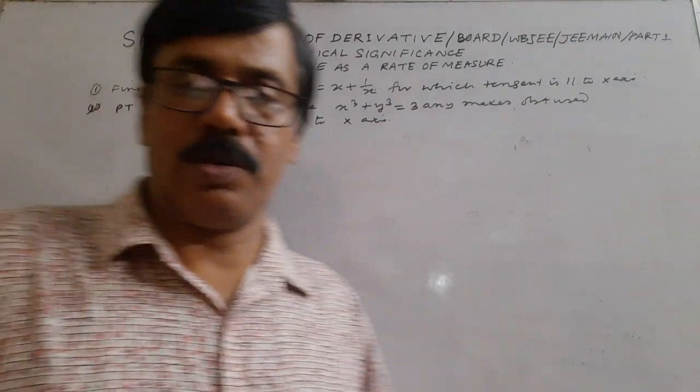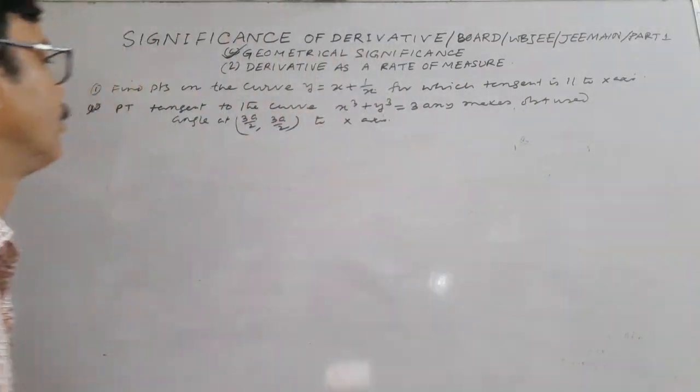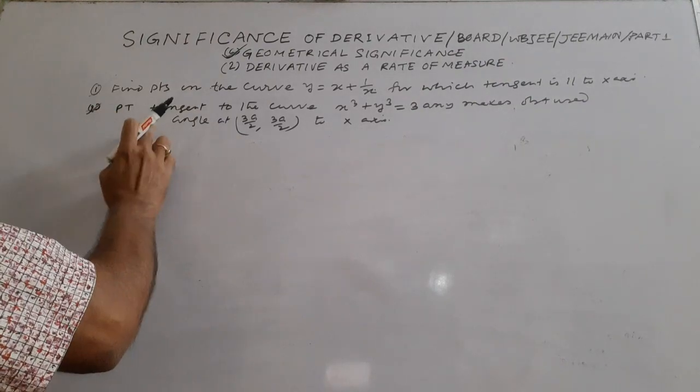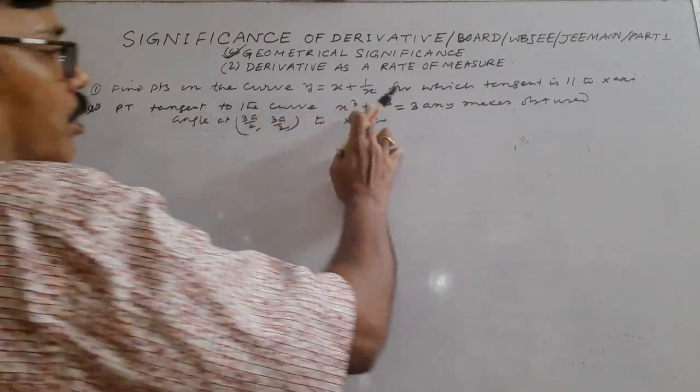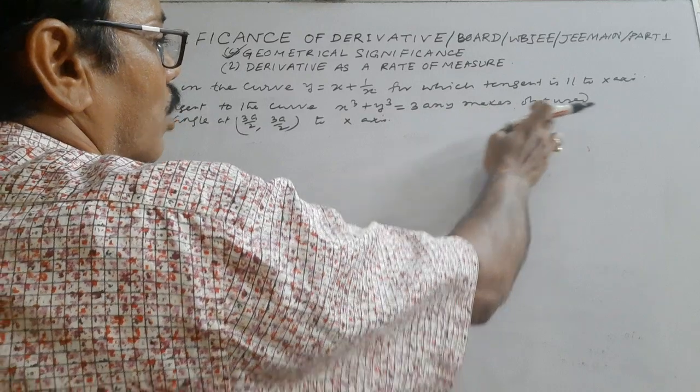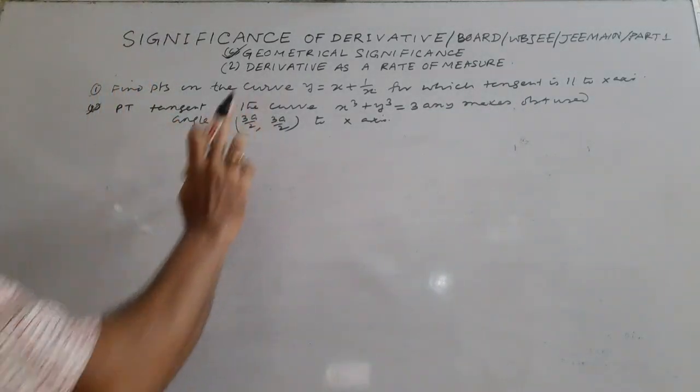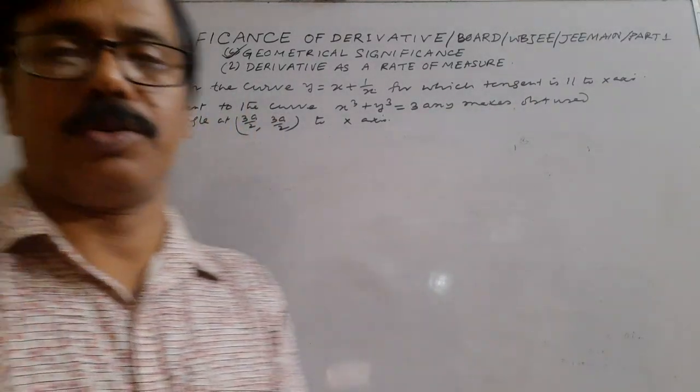Now problem number 2. Prove that the tangent to the curve x cube plus y cube equals 3axy makes an obtuse angle at (3a by 2, 3a by 2).